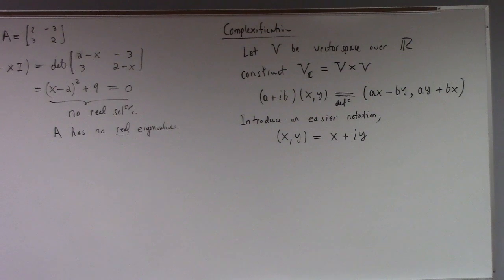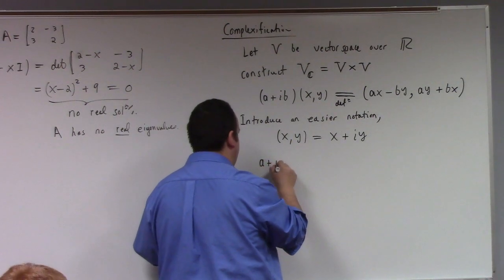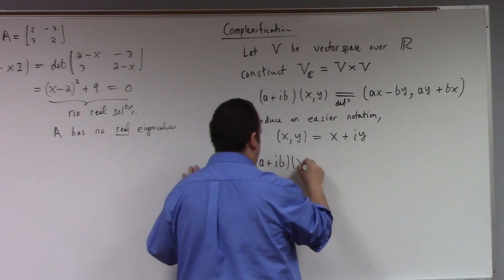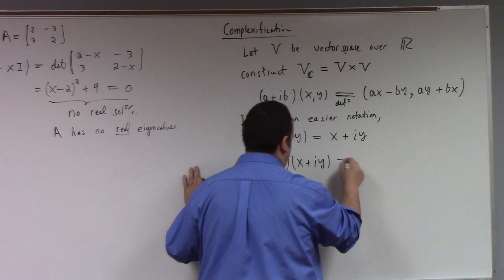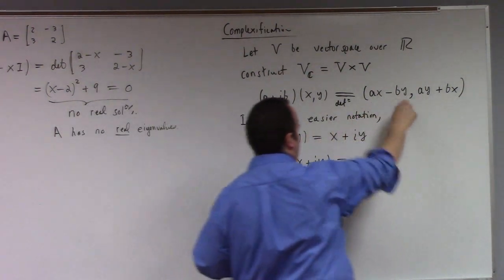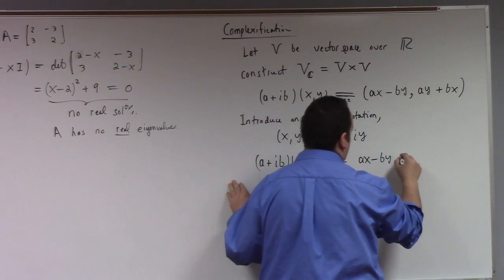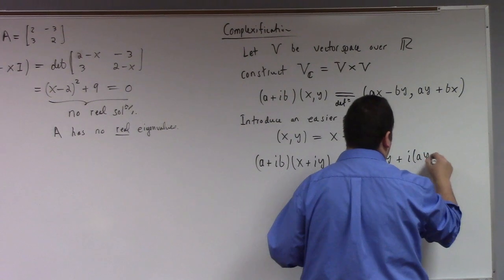Using this notation, if you look at (a plus ib) times (x plus iy), what does it work out to? In this notation, it's ax minus by plus i times (ay plus bx).